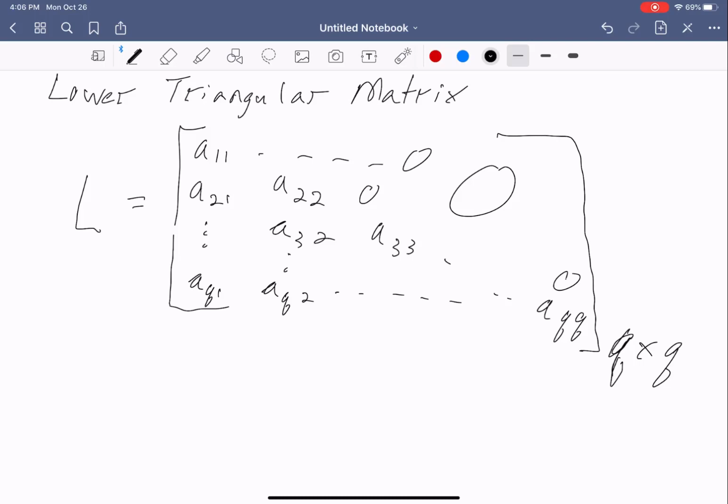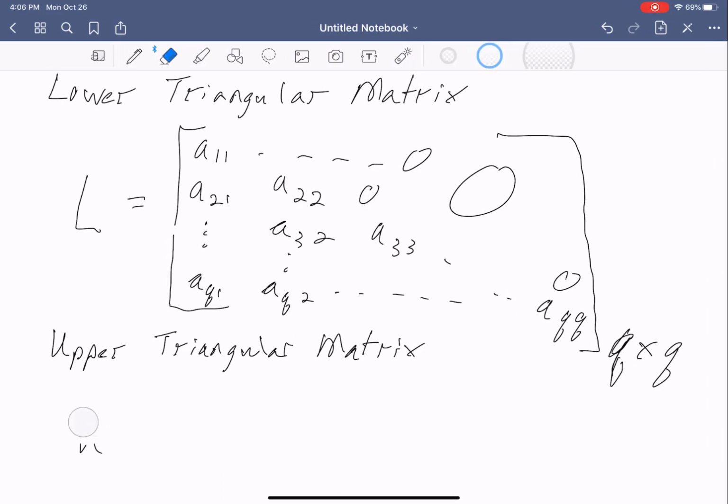Okay, likewise, we have an upper triangular matrix, which is exactly the opposite. All right, except that it too has a section, a triangle that's denoted by zeros.